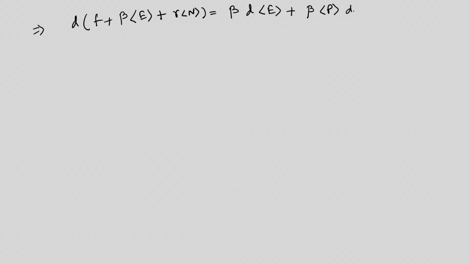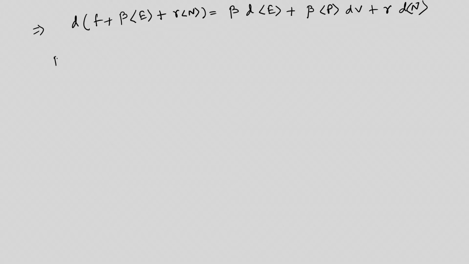Okay. Now what we do? We can further simplify the above expression like this. Here we have added the same terms on both sides, and then we arrive at this expression.